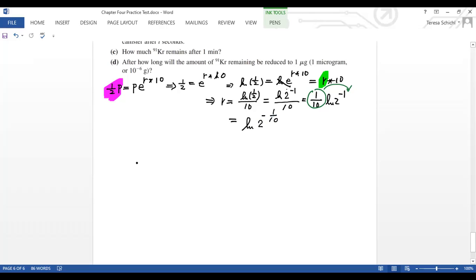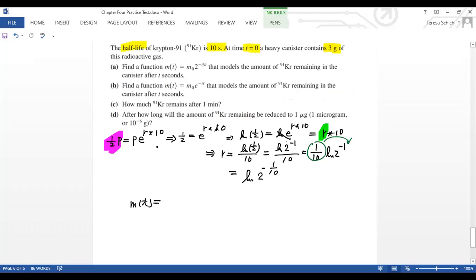So M of t is equal to, they want to find the function, M0 e to the rt. M0 is the initial amount, which is 3 grams. And then e to the r, I just get here, is natural log of 2 to the negative 1/2 times t.